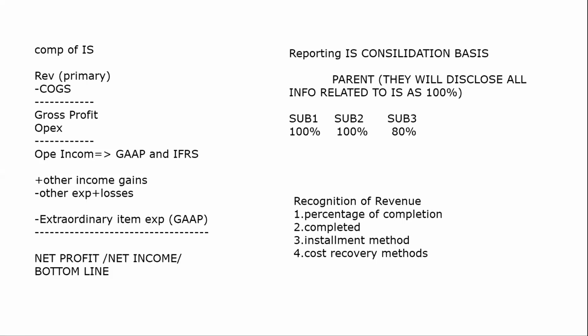So, according to the percentage of completion method, we should get the revenue in the same way. We know our total revenue is equal to 1,000. So 50% of this 1,000 in the first year is equal to $500.